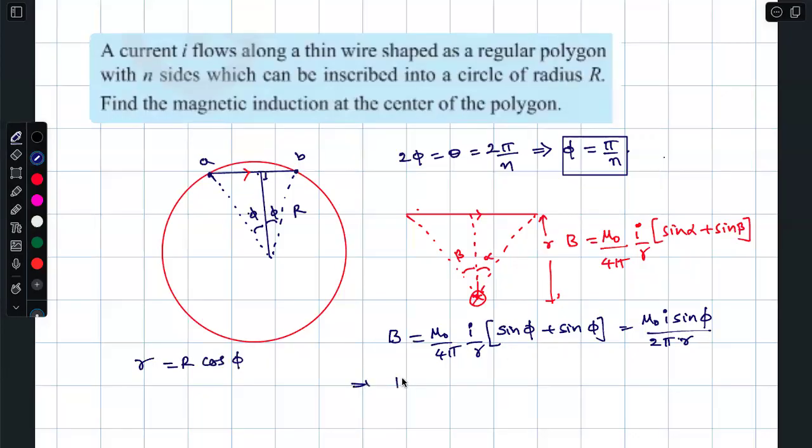So finally B is mu naught I by 2 pi R tan phi. Tan phi is nothing but tan pi by n. Any doubt till this point? Any student in the class? So in this case, mu naught I by 2 pi R tan pi by n.